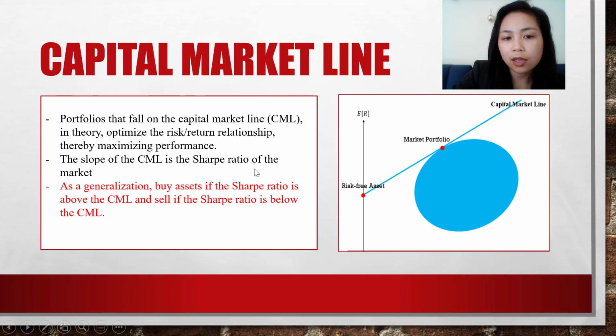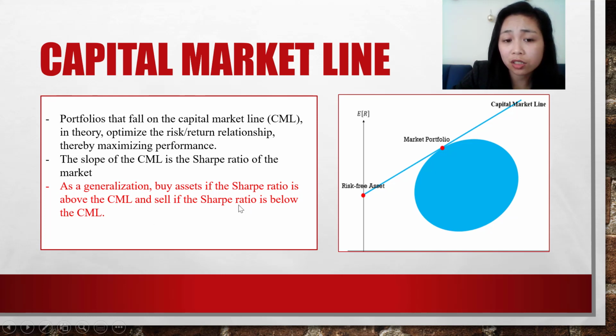And the slope of the capital market line is the Sharpe ratio of the market, because if you differentiate the capital market line equation with respect to the volatility of the portfolio, we get phi M, which is the Sharpe ratio of the market. As a generalization, we buy assets if the Sharpe ratio of it is above the capital market line, and sell it if the Sharpe ratio is below.